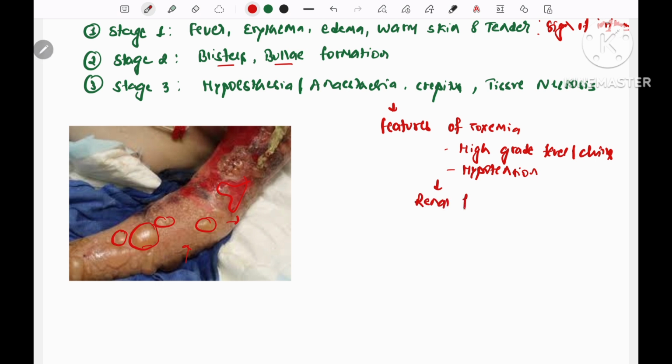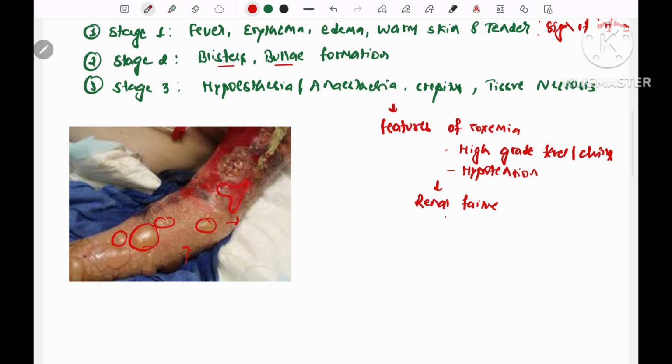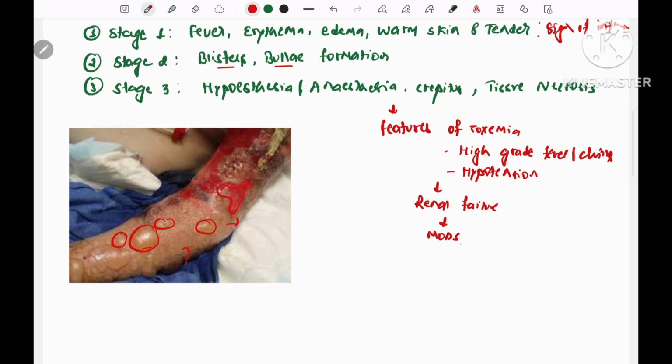Finally it can lead to multiple organ dysfunction syndrome, systemic inflammatory response syndrome, and finally it can lead to death. If it is not properly treated, then it can lead to death. So necrotizing fasciitis is an emergency condition, and it is one of the most dangerous life threatening conditions.